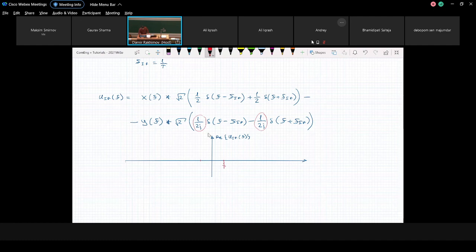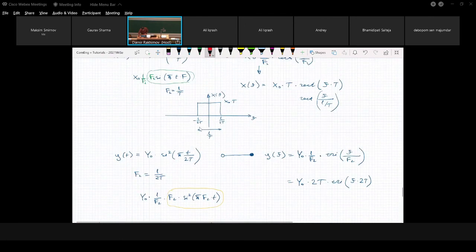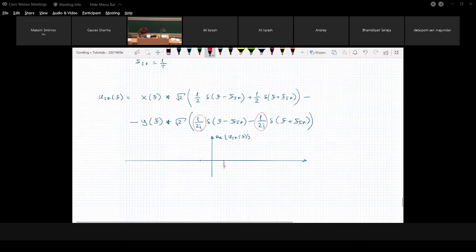And now we need to place our delta pulse at this intermediate frequency. And we get one rectangular pulse here, and another rectangular pulse in the negative range.